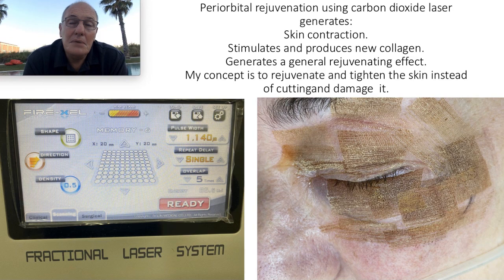But if they have work, social activity, I can perform a lower energy laser, and some months after I can perform another laser.